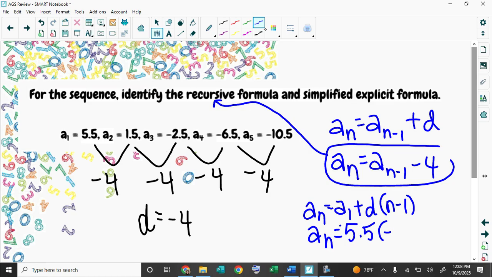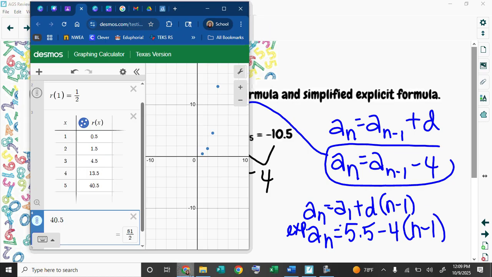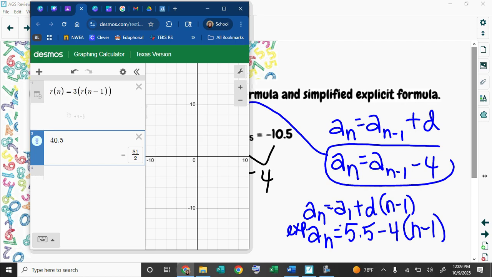And then minus 4 times n minus 1. So this is explicit, but it didn't simplify it for us, so we're going to let the calculator do that. I'm going to do a shortcut way. Well, no, we'll do it this way.